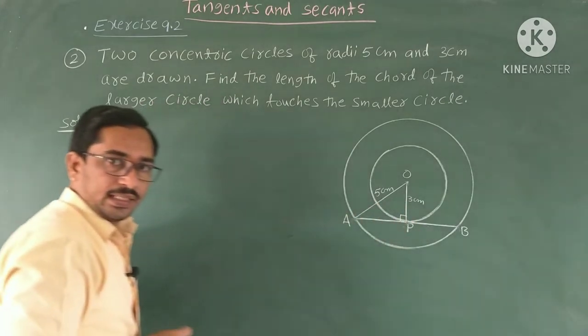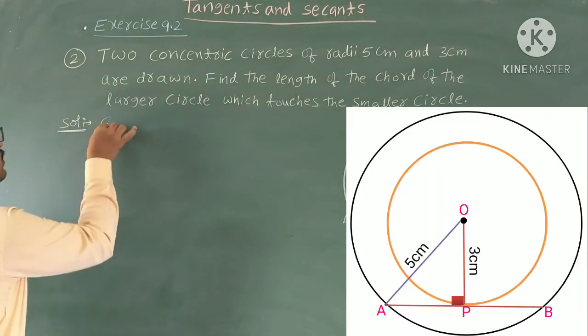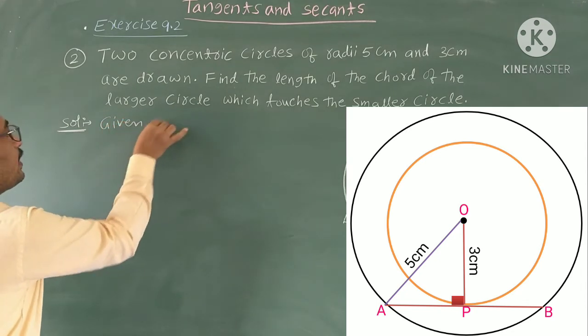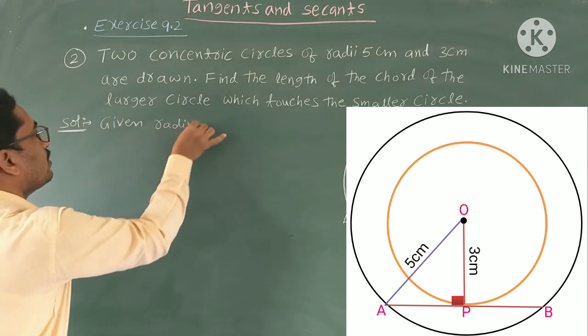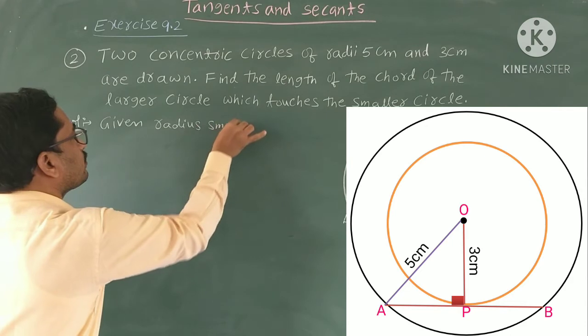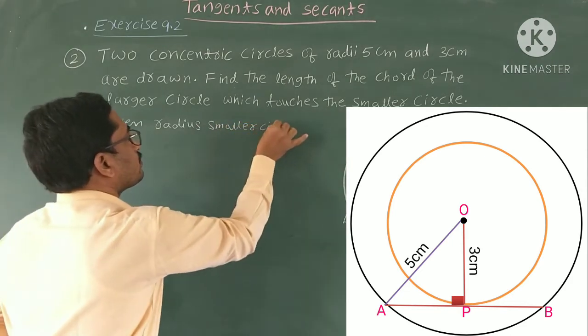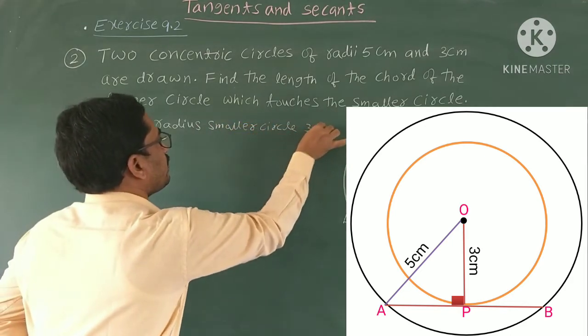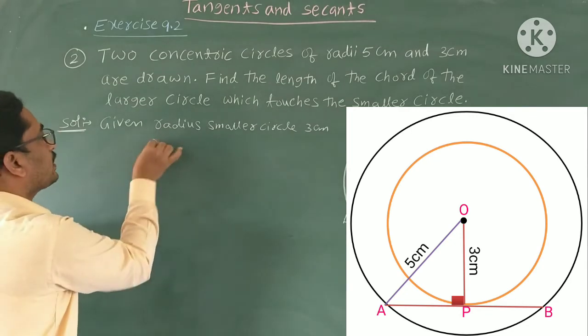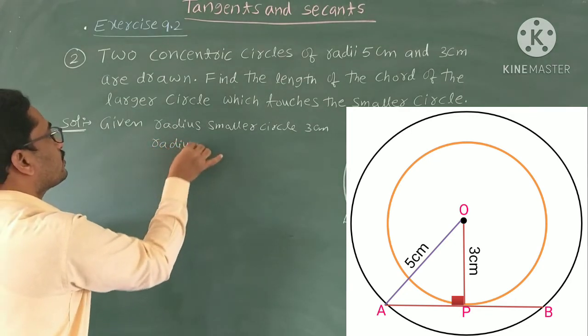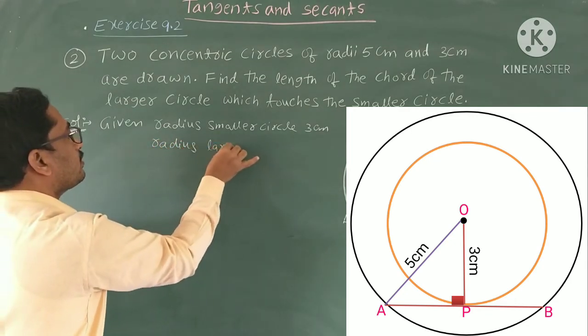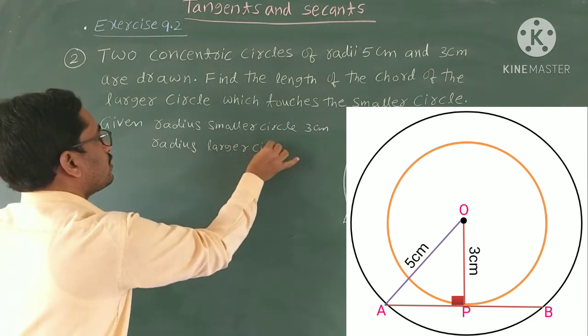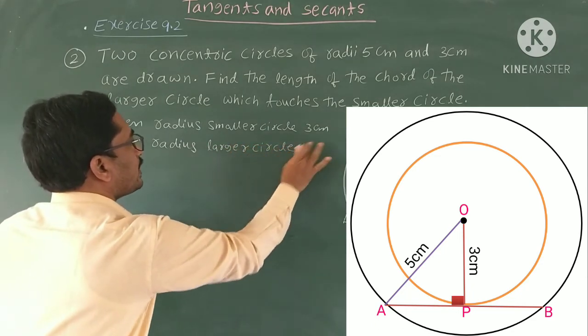So write the given data. Given: radius of the smaller circle is 3 centimeters.